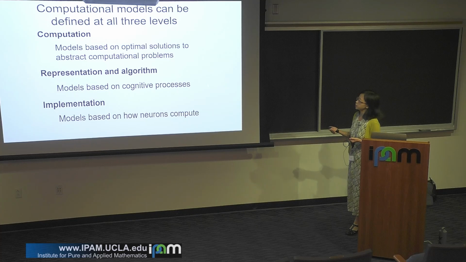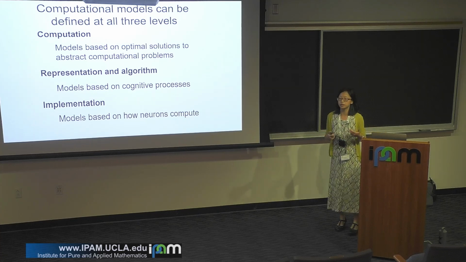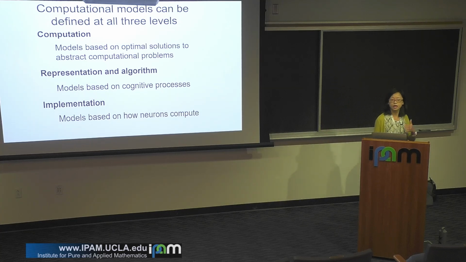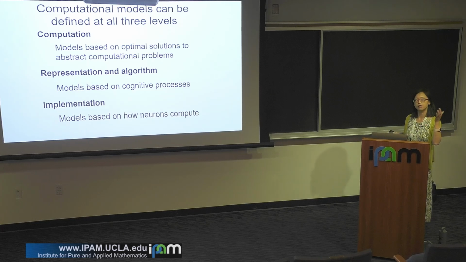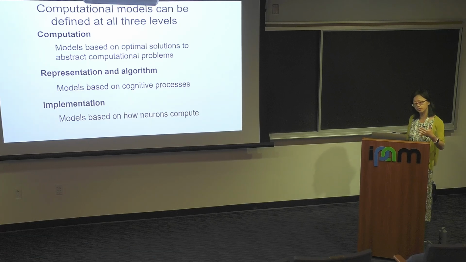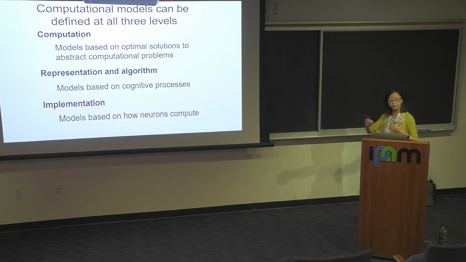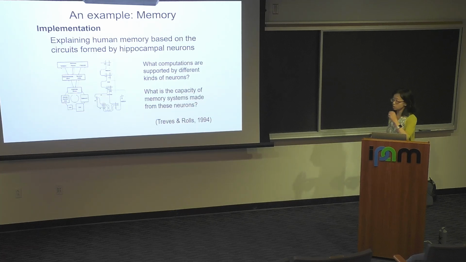You can also build up models based upon the cognitive processes: how you represent the information, how you encode the information, and later, at the algorithm level, how you retrieve this information. And then you can also build up models based upon how neurons compute and communicate and so on.